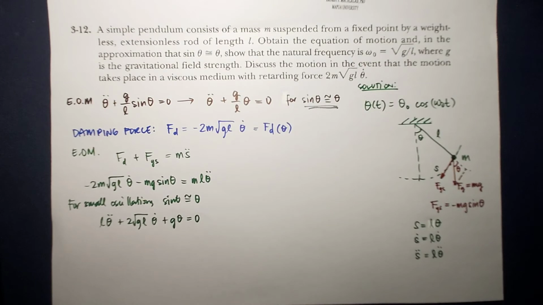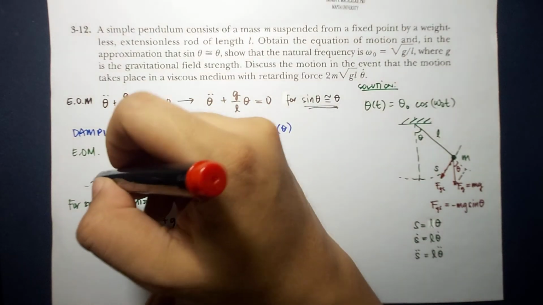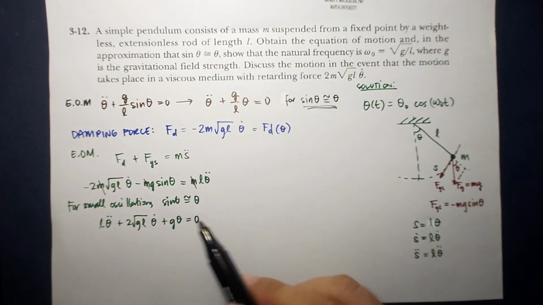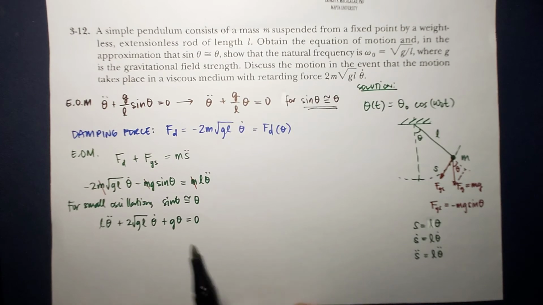So how did we arrive at this equation? First we cancel our masses because that's common, and then we rearrange the equation and equate it to 0.